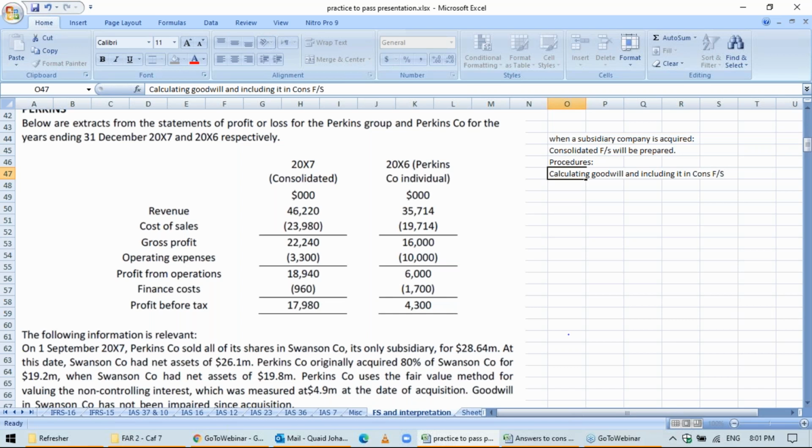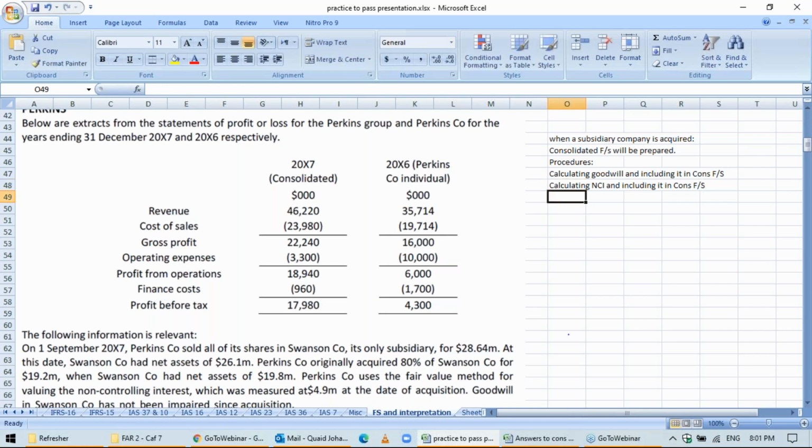Second, calculating NCI and including it in consolidated financial statements, right?